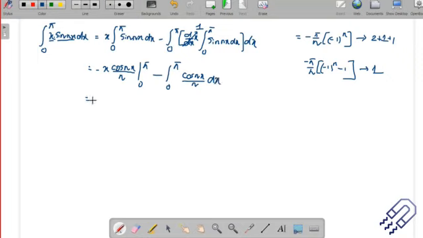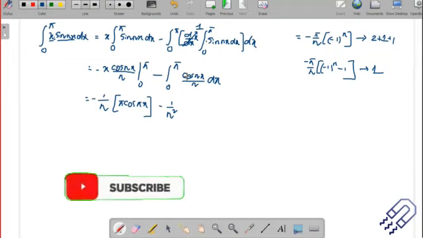And then this is a minus here, so I can take out minus 1 by n, and within the bracket I put the limits. The lower limit is 0, so if I put x equal to 0, everything becomes 0, so I can simply have it as pi cos(n pi). But minus, and then this will be 1 divided by n, and then we integrate this cos(nx), so it will be another n, so it will be 1 divided by n square. And there is a minus here, so this will become plus, so it is 1 by n square, right?